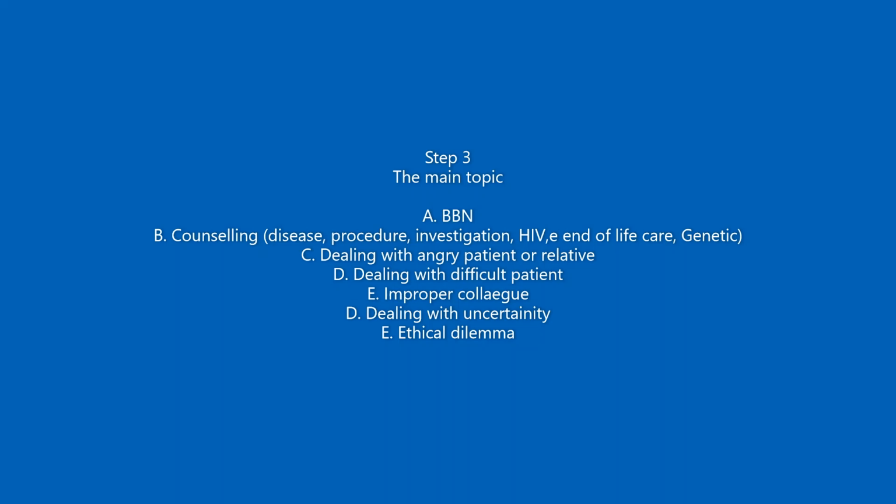This is a big item which has certain items that you have to fulfill when you are dealing with such a topic. Dealing with an angry patient is another topic, breaking bad news, and special situations like abortion or dealing with uncertainty. These are the main topics that you are going to face in your exam.